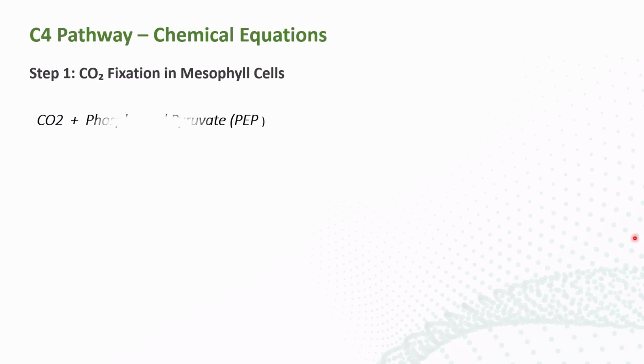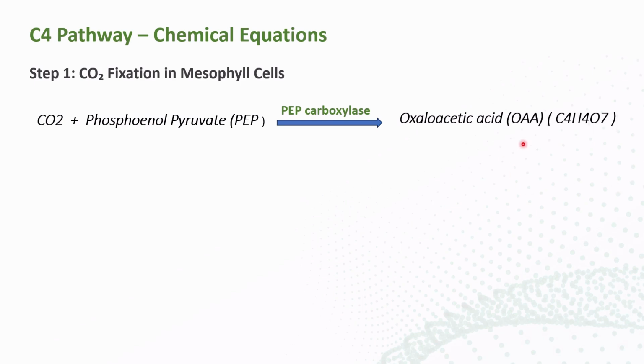What happens in this fixation is that the atmospheric CO2 which enters these mesophyll cells combines with the phosphoenol pyruvate of the mesophyll cells in the presence of PEP carboxylase enzyme. It forms a 4-carbon compound, that is oxaloacetic acid.